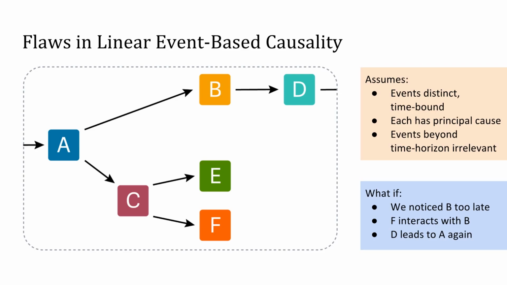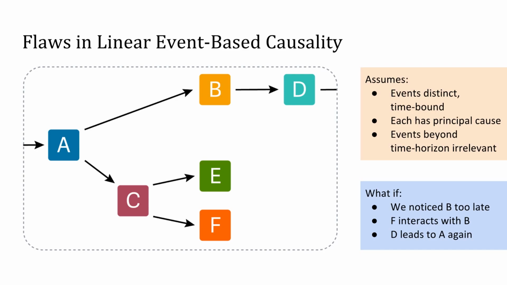Then also we have the tendency that once events are a couple degrees separated from each other, like in this diagram if they're on separate branches of the tree, we assume they no longer interact with each other. But there's no reason to assume why F, for example, couldn't be interacting with B and have caused B or whatever.